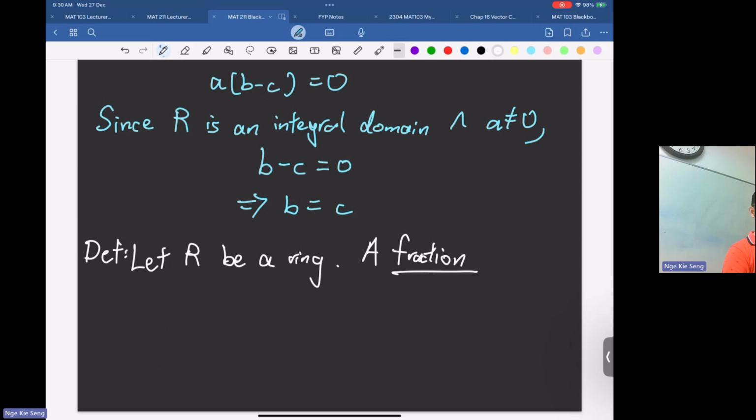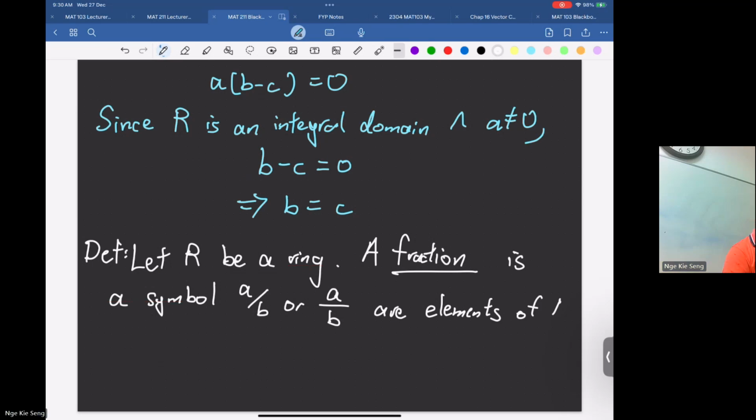A fraction is really just a symbol, A over B, where A and B are elements of R, and B is not 0. Okay, so this is a fraction.